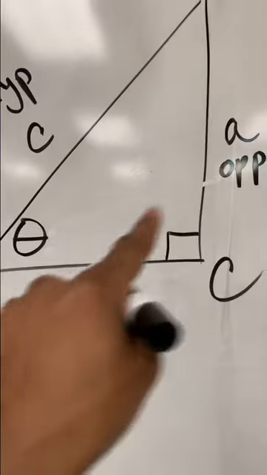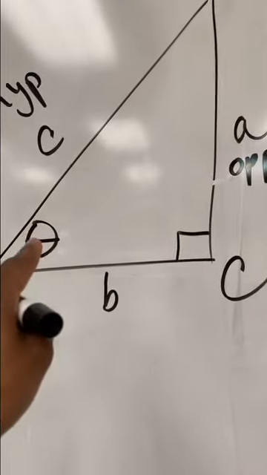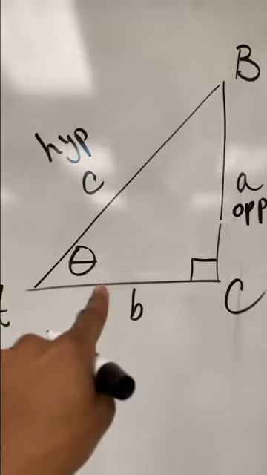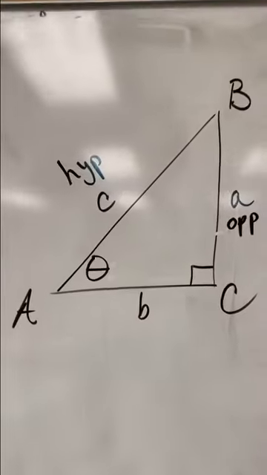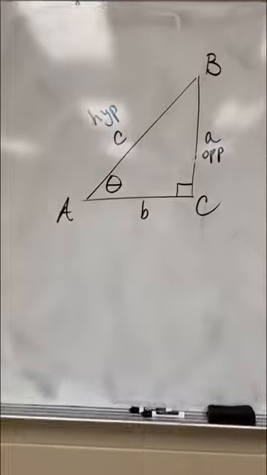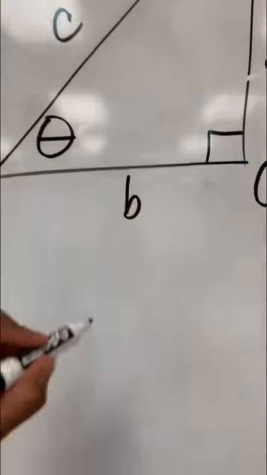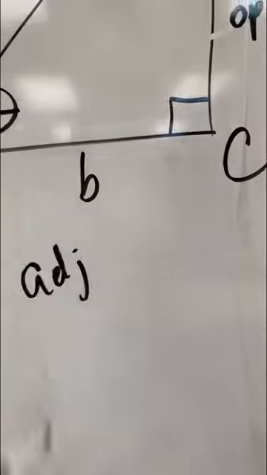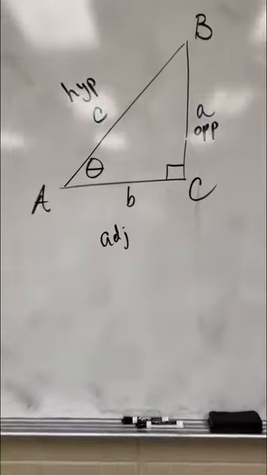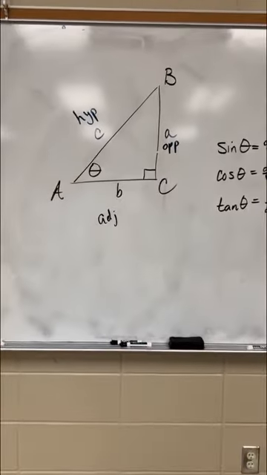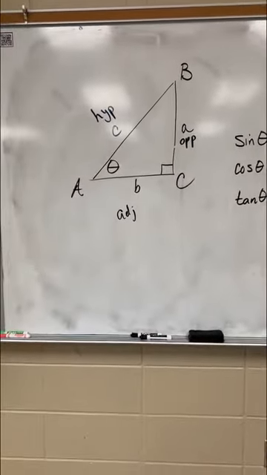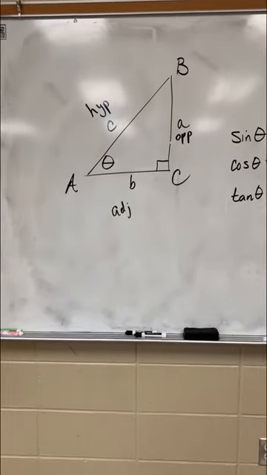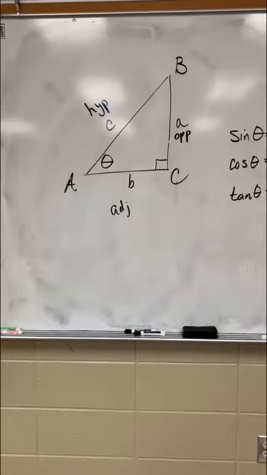So this is opposite of the angle in question. And the side that's remaining is my adjacent. There it is. Literally, that's the order that I go in. Locate the hypotenuse. Find your angle for opposite. And then get your adjacent.